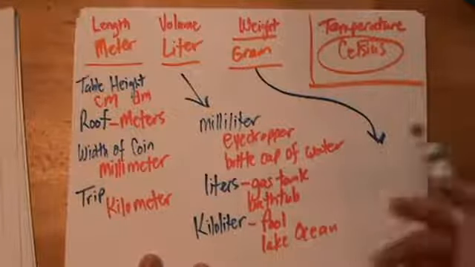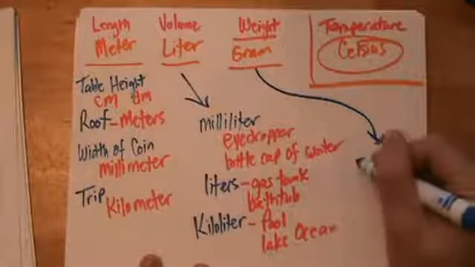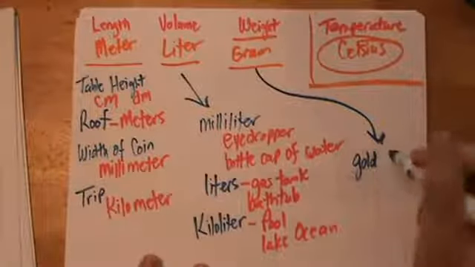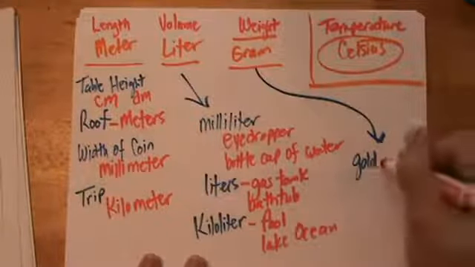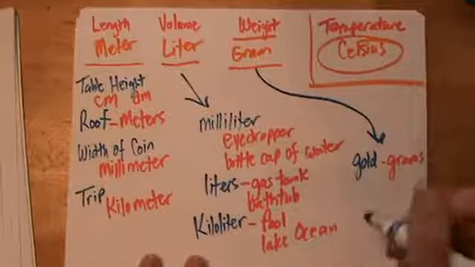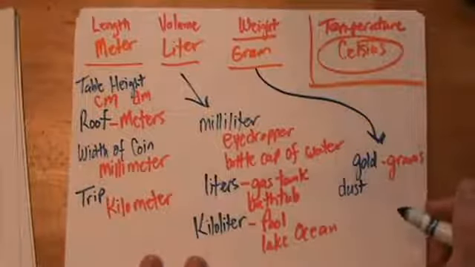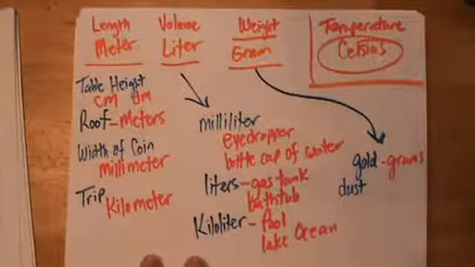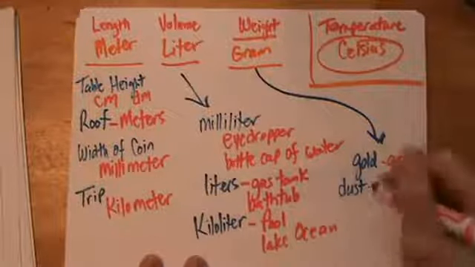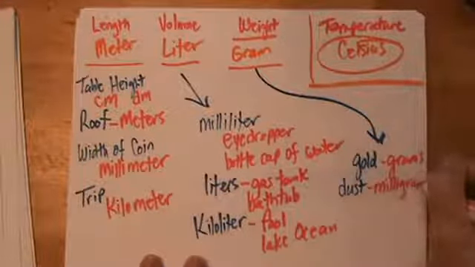And just a couple things. If you were, for example, weighing gold, gold would be weighed in grams. If you were measuring some sort of dust or powder for science, maybe you're doing a science experiment and you need a certain amount of a chemical, you would probably use milligrams, which are small.